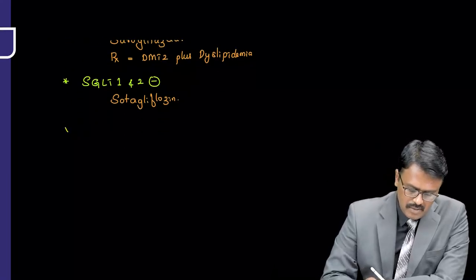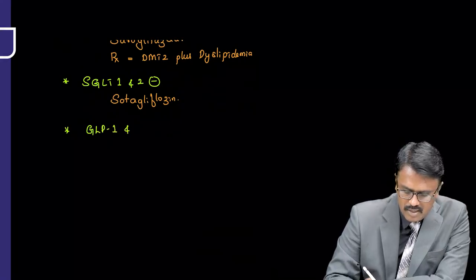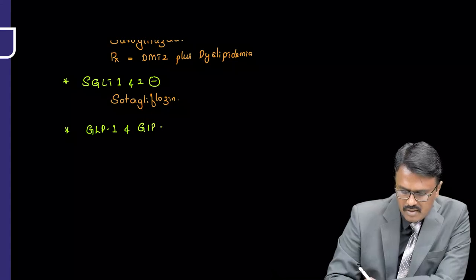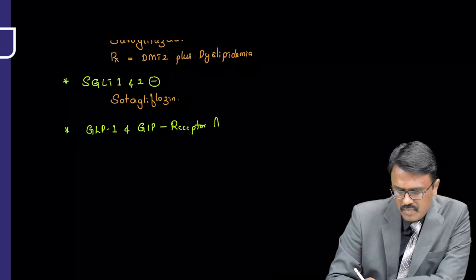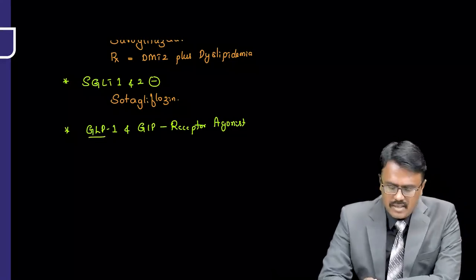The third important drug is a dual acting drug. It's a GLP-1 as well as GIP receptor agonist. GLP-1 stands for glucagon-like peptide 1, an incretin.